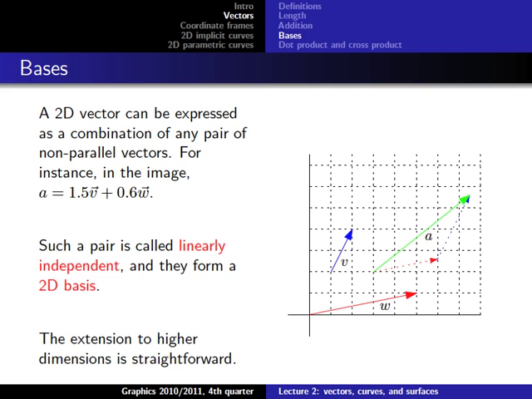I mean, so far I already basically used this and no one really complained, because I think it was intuitively clear to you. I said, okay, we have this origin here, 0, 0. And then we have one direction, which we often call the x direction, and another direction, which we call the y direction, and we have a unit here, so this is, for example, 1, 0, and this is 0, 1.